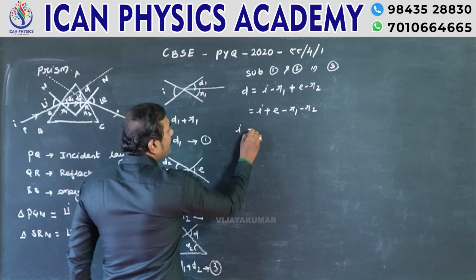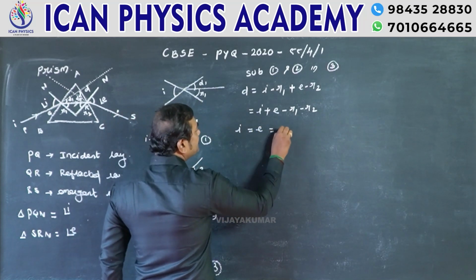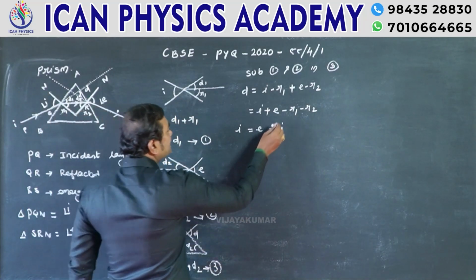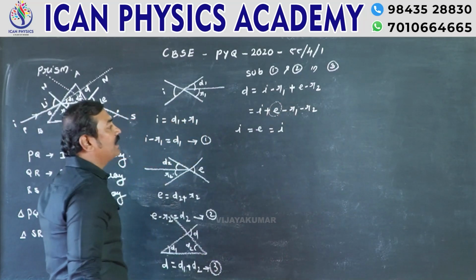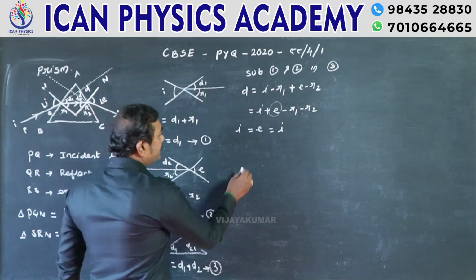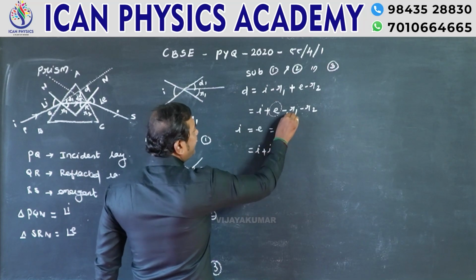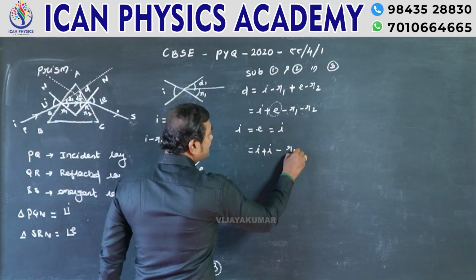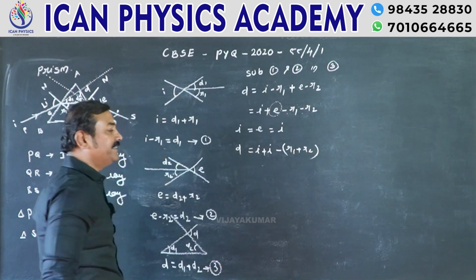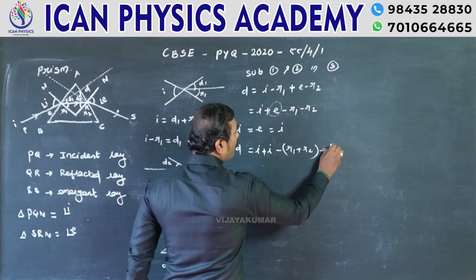The angle I equals angle E, so instead of the angle of emergence, we can write I. So I plus I minus R1 minus R2, that is I plus I minus of R1 plus R2, which equals D. This is taken as equation number 4.